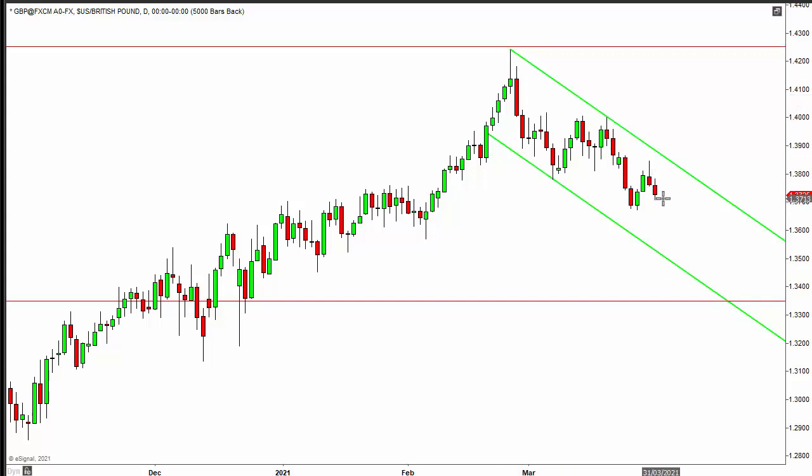So let's say if the pound was to come down, it could very well work its way down through this channel. And if I'm a trader looking at this, then I might be saying that could be a very interesting level down here, if it was to come down to there.